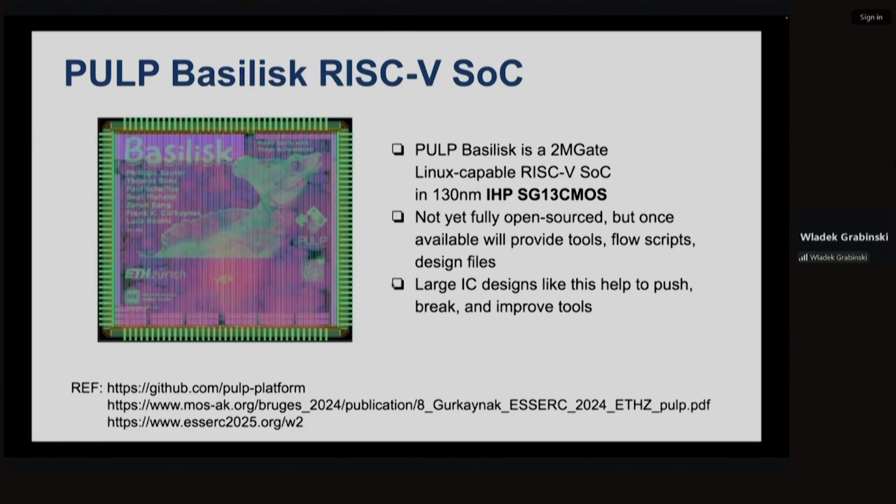This is yet another, more complex one with 2 million gates. It's a full Linux bootable RISC-V SoC implementation using the IHP process. Just follow the links below to learn more about this particular design.